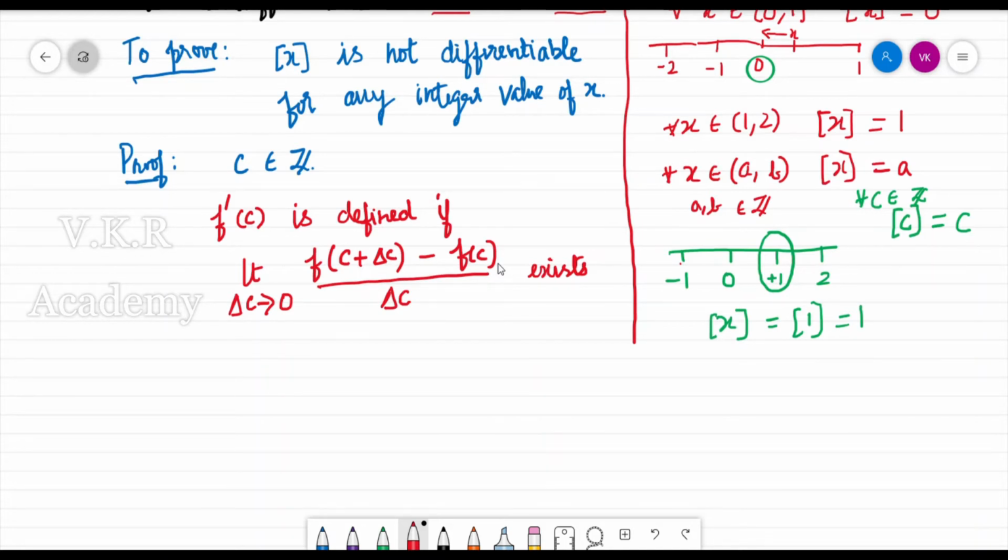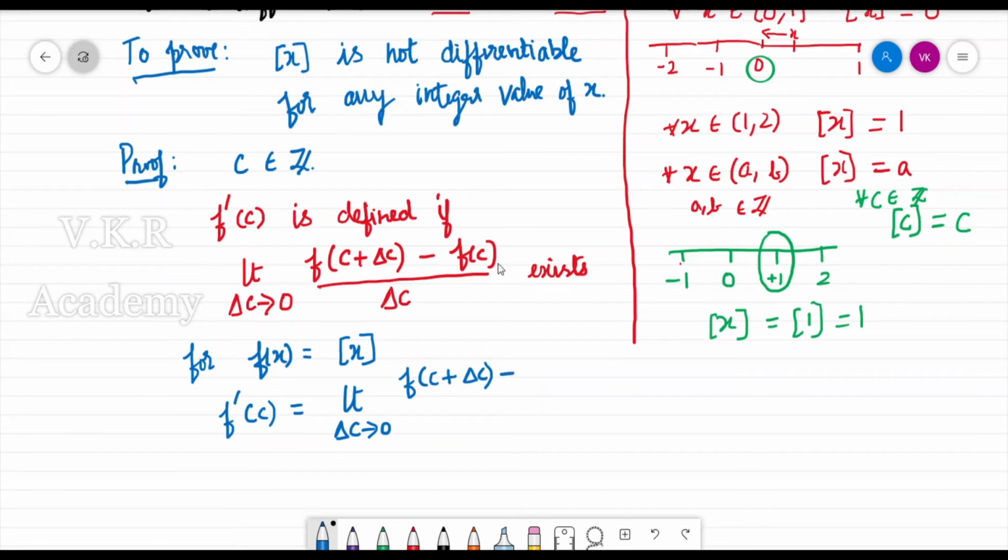Now, for a particular function, if f of x is a greatest integer function of x, then f dash of c is equal to limit delta c tends to 0, f of c plus delta c minus f of c by delta c, where c is any integer.